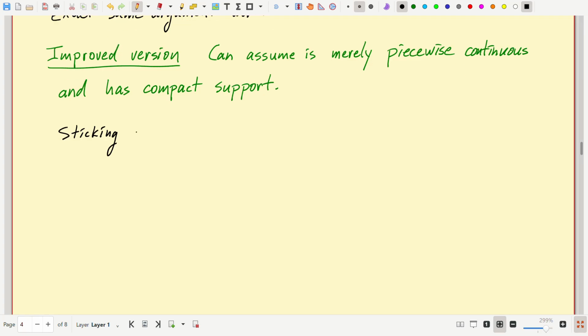So the sticking point: the Fourier series for f is a trig polynomial, a finite sum.